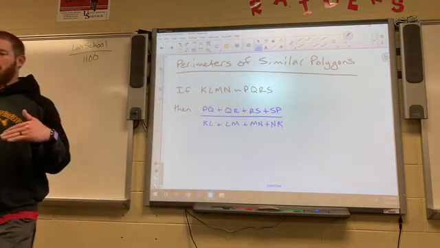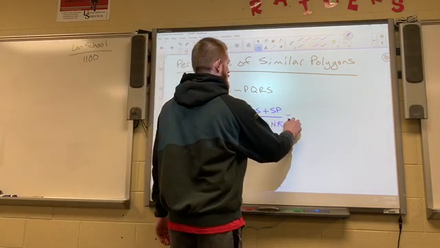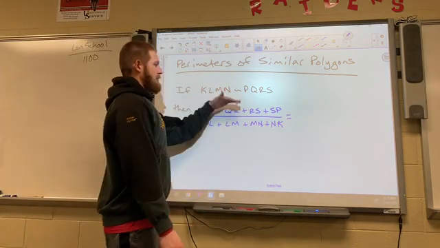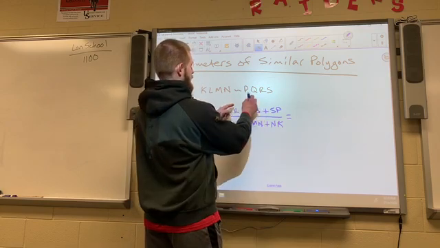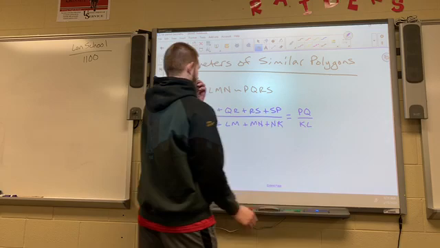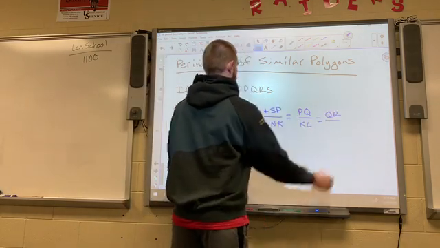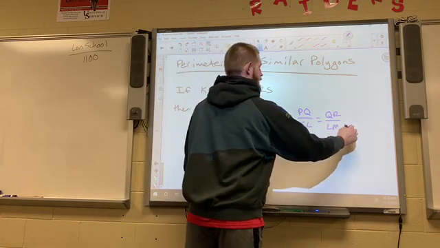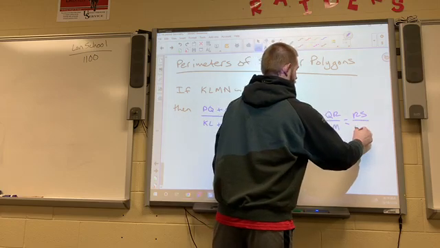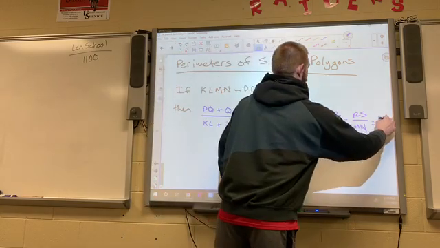The ratio of the perimeter has to be equal to the ratio of your sides that we talked about previously. So that ratio would have to be equal to PQ over KL or QR over LM or RS over MN or SP over NK.